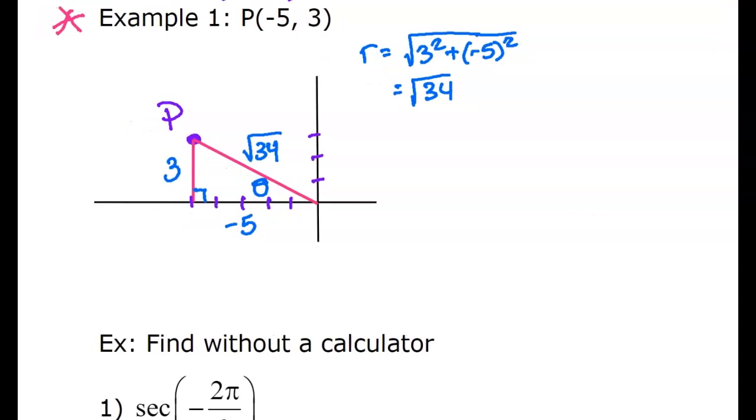All right, so now let's find our trig functions. Sine of theta is equal to O over H, so that's 3 over the square root of 34. Now, can I leave this like this? No, I need to rationalize the denominator.